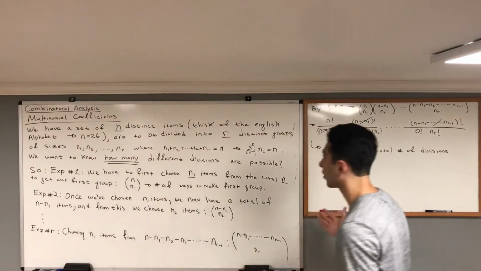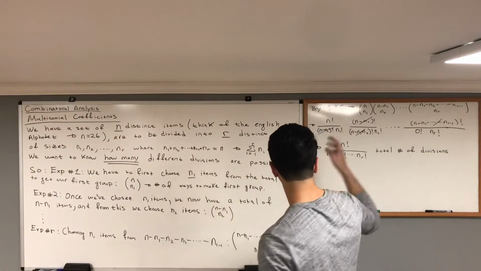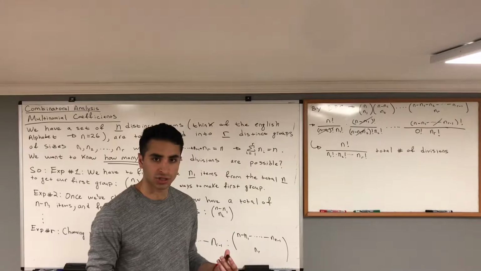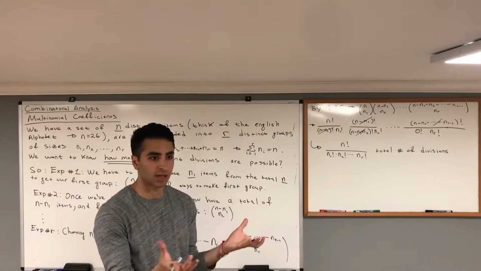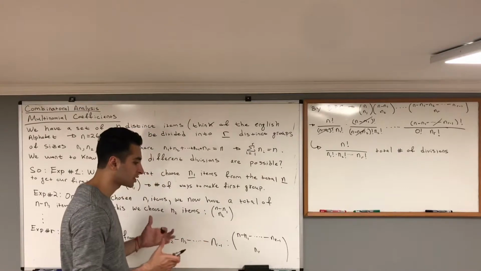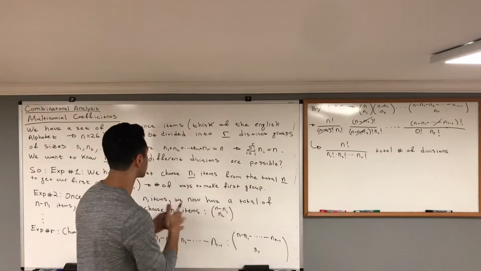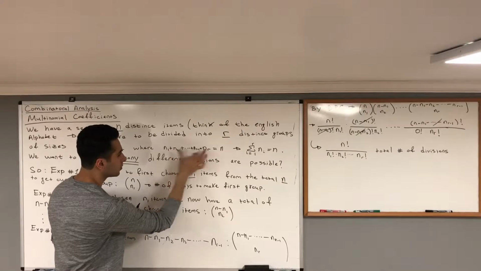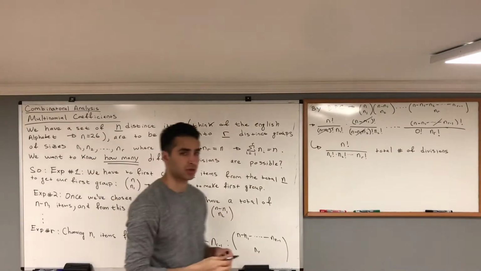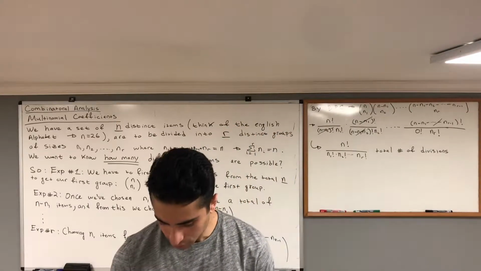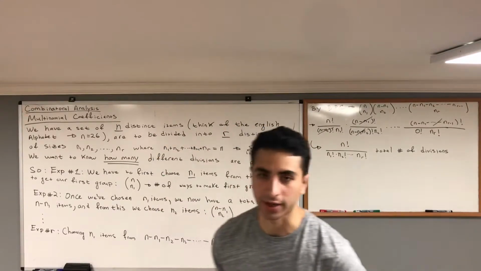But this is why we care about multinomial coefficients. We have this nice way to represent the total number of possible divisions of n distinguishable items, and we want to divide them into r distinct groups in such a way that when you add all those sizes of each group, you end up with the total number of items you had. Okay, so we'll start our examples right now.